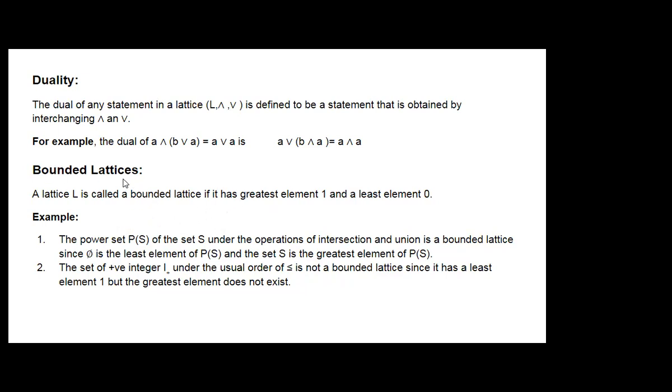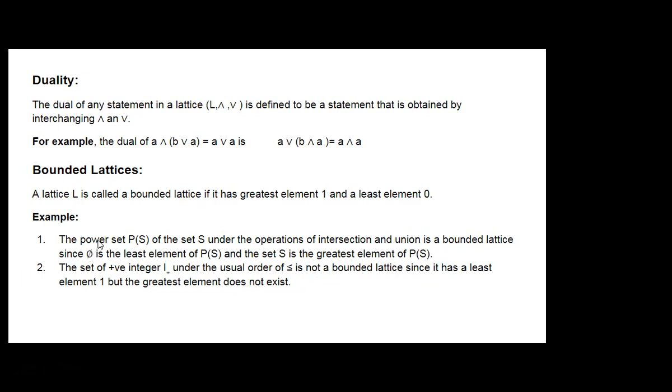So it will be a bounded lattice. Again here, the set of positive integers I plus under the usual order of less than or equal to is not a bounded lattice since it has a least element 1, but the greatest element does not exist.